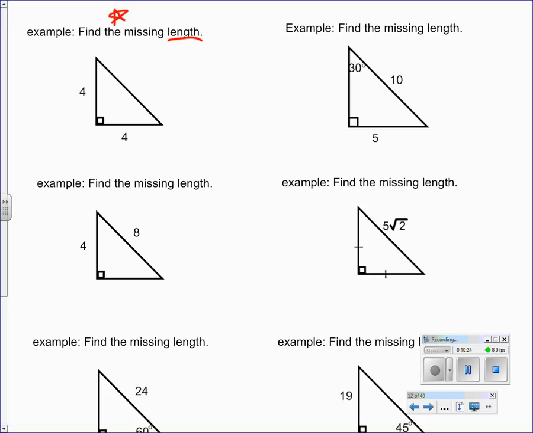So I can see here I have 2 equal sides. And it's a right triangle, so this is the 45, 45, 90 triangle, or the isosceles right triangle. So I know my pattern should go 1, 1, square root 2. So here I've got 4 and 4, so the missing side should be 4 square root 2.